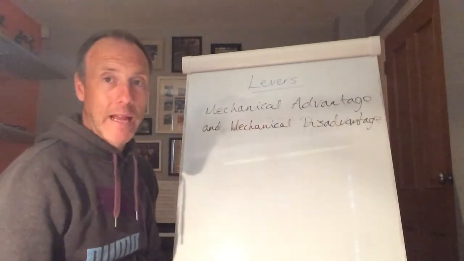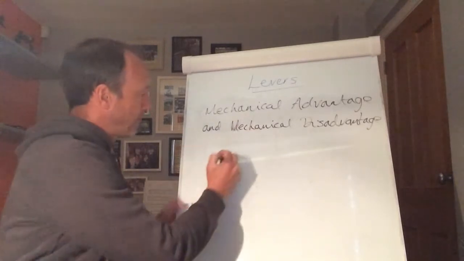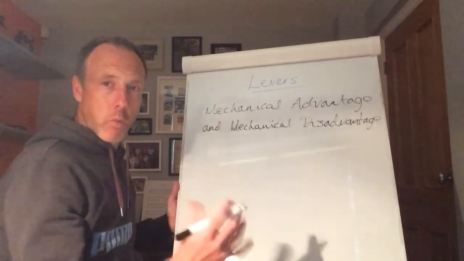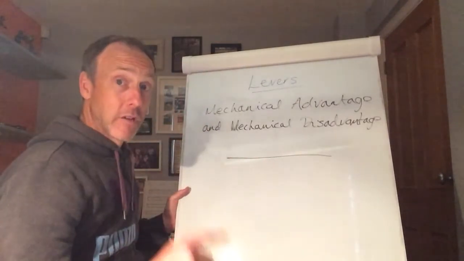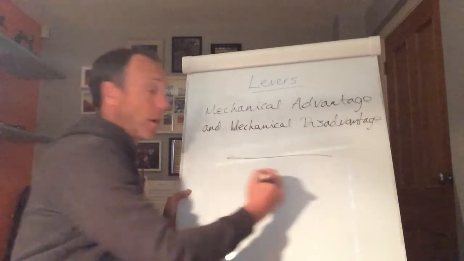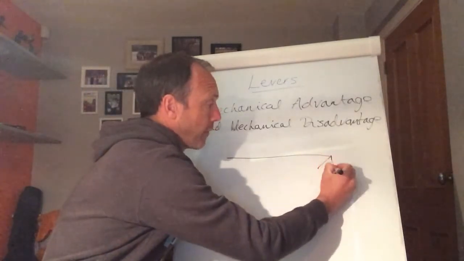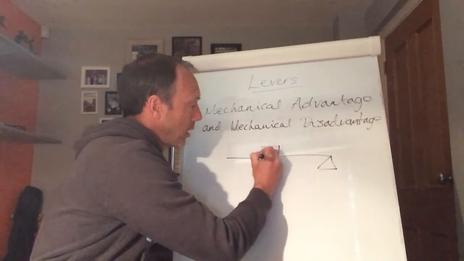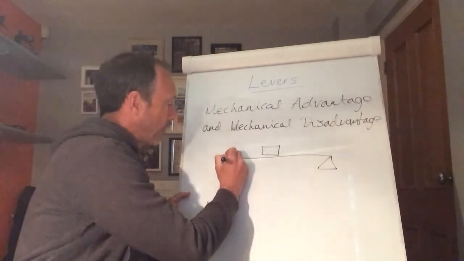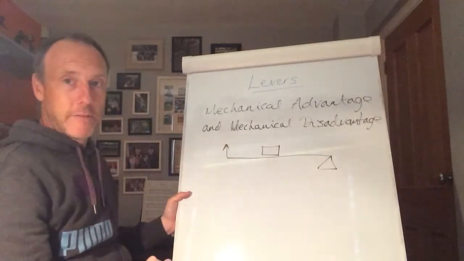So let's look at a mechanical advantage first. Well, essentially, the easiest one for me to use is going to be a second class lever. Remember ELF, because they're a second class citizen. So I'm going to have my fulcrum at this end, then my load in the middle, and then my effort. So I'm going to lift it.